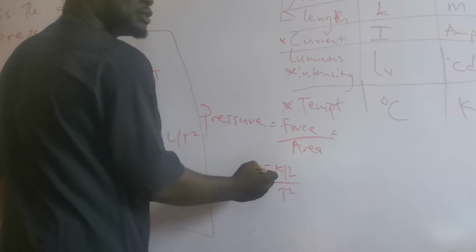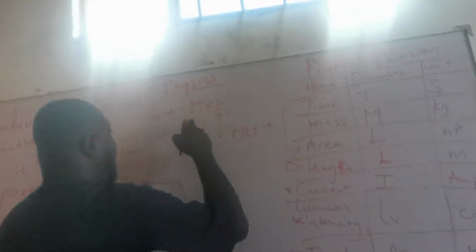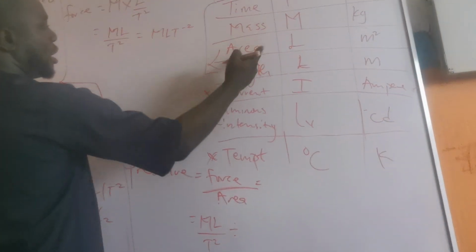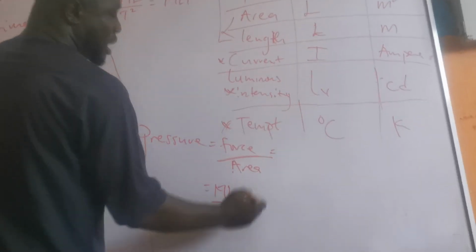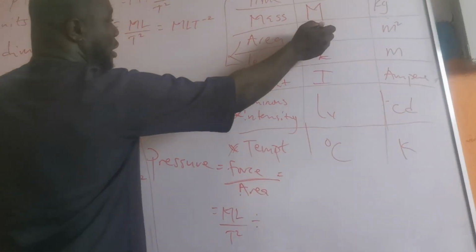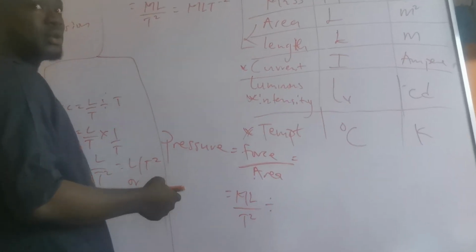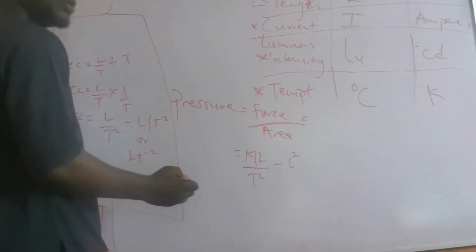This is divided by our area. Don't forget, the dimension of area is L, but that should be L squared, right? Area is length times length. So that will be divided by L squared.